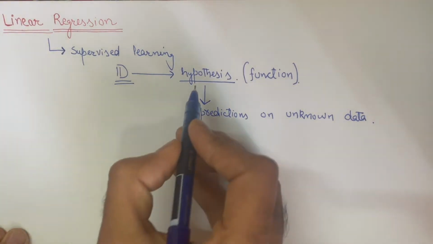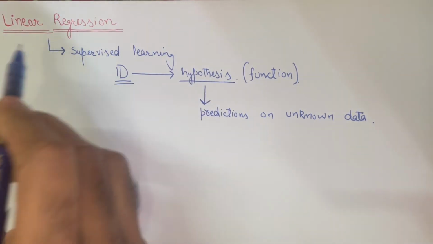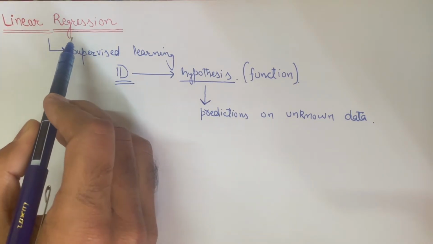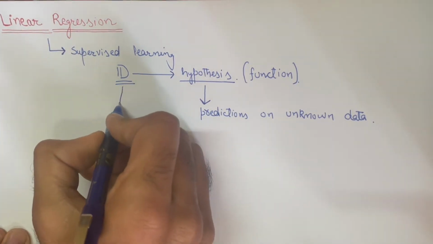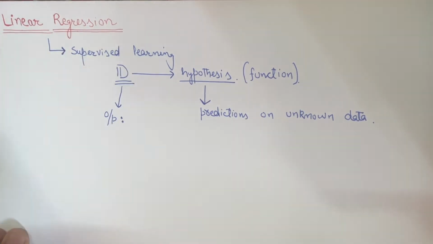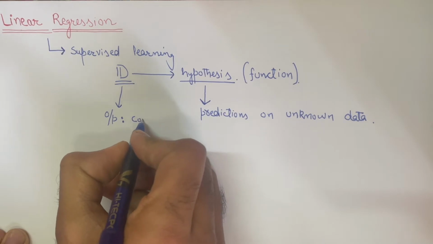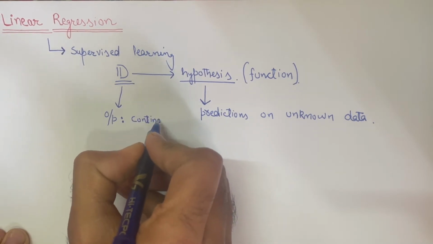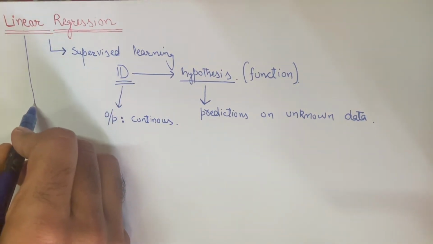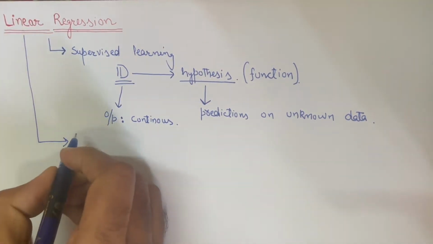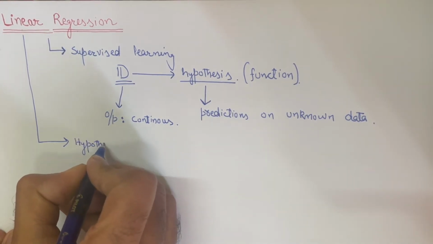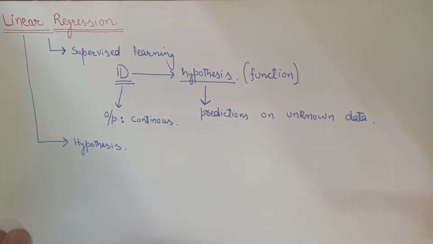Okay, so as you can see from the name itself, it is linear regression. Regression means that in this data set the output that we are trying to predict is continuous. And by linear we mean the hypothesis class that we are assuming.